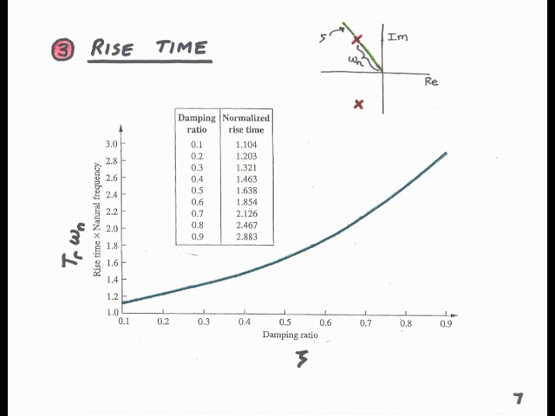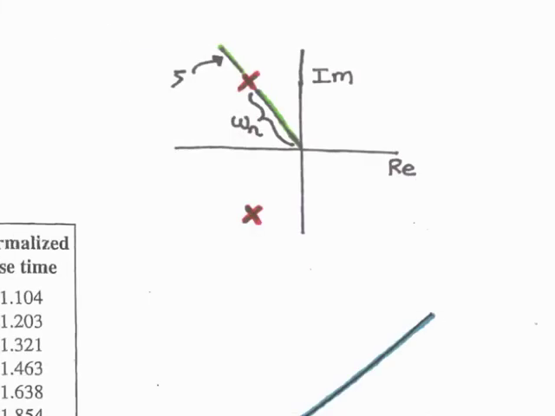Now we'll look at our third specification, that of rise time. And the relationship between rise time and pole location is much more complex than the other relationships we've studied previously. This curve shows rise time as a function of damping ratio and also undamped natural frequency, omega n. Now for a pair of complex conjugate poles, omega n is the distance the poles are from the origin.